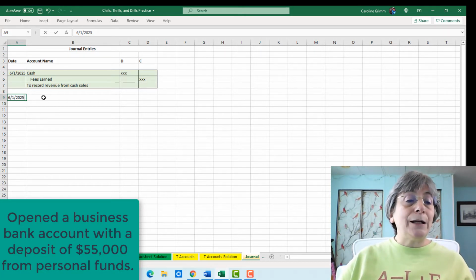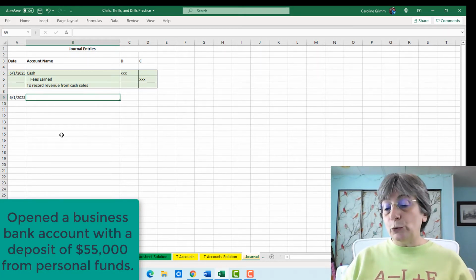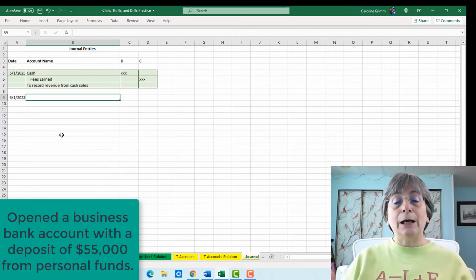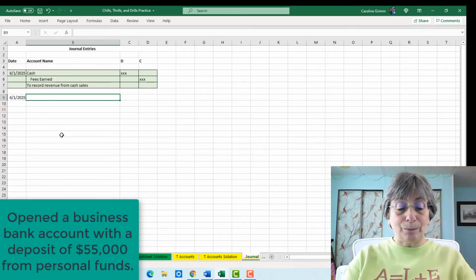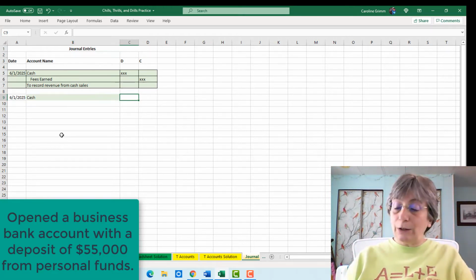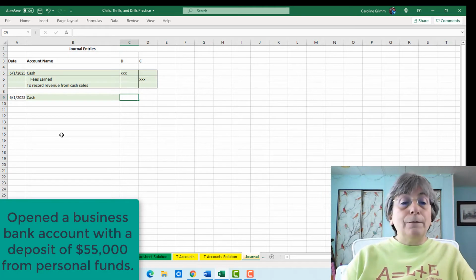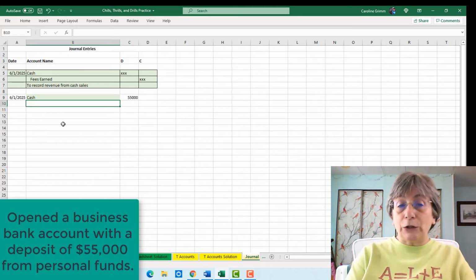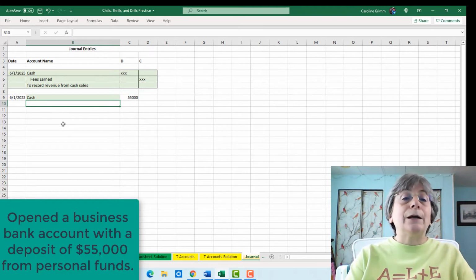So we open up a bank account to start this business bank account and to record that the owner is putting money into the business. So what are we getting? We're getting cash. So we're going to enter cash of $55,000. And then the other side of this transaction is going to be an owner's equity account.